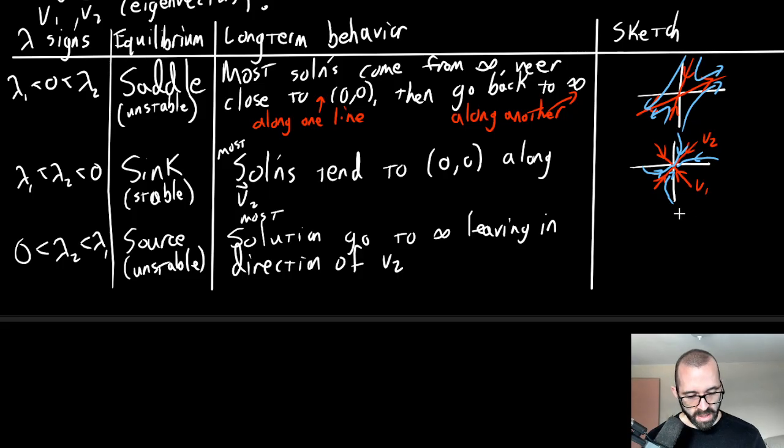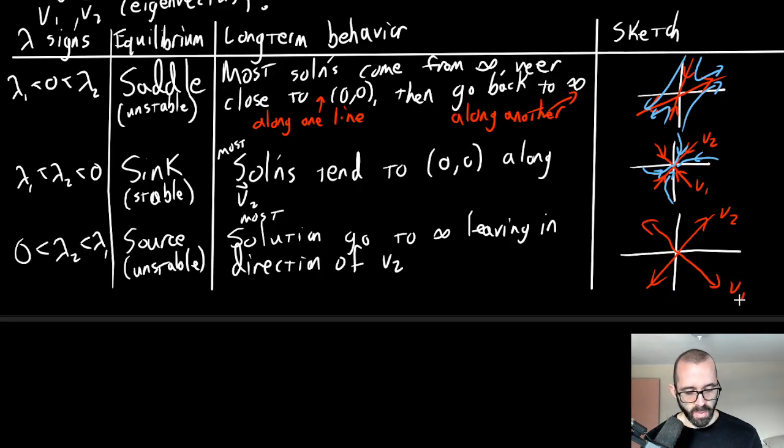All right, so we can really draw the exact same picture for sources. Same V2, but now V2 is going away from the origin. And we can do the same V1, but again, now V1 is going away from the origin. And our plot, again, is also the same. You're just now getting away from the origin instead of towards the origin.